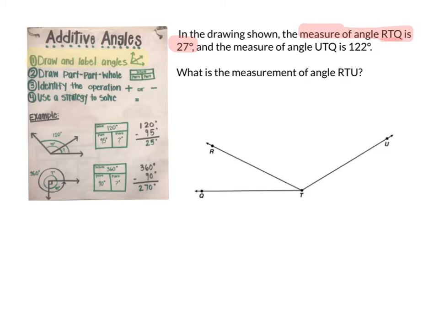I start at R, I trace all the way down to T, and then all the way back to Q. So this is angle RTQ. I'm going to label it with an arc. And I know that this measures 27 degrees.